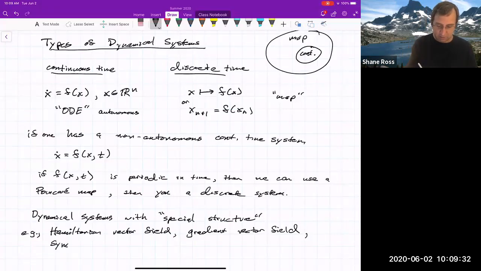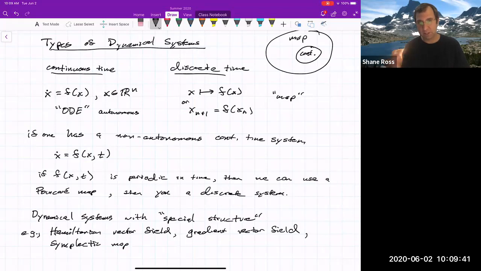A special type of map that's related to Hamiltonian systems is a symplectic map. The flow map for a Hamiltonian vector field is a symplectic map. You could also have reversible dynamical systems.